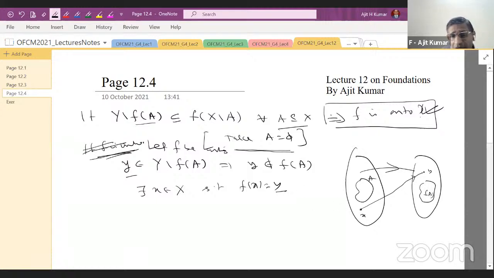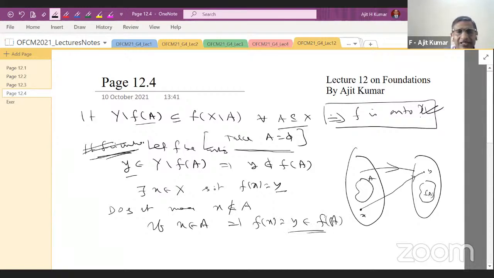That means I need to get x outside A. So does it mean that x is not in A? If x is in A, what happens? If x lies in A, then this would imply f of x, which is equal to y, will always lie in f of A. But that will be a contradiction, because our assumption was y is not in f of A. Therefore, x does not lie in A. If x lies in A, we are getting a contradiction.